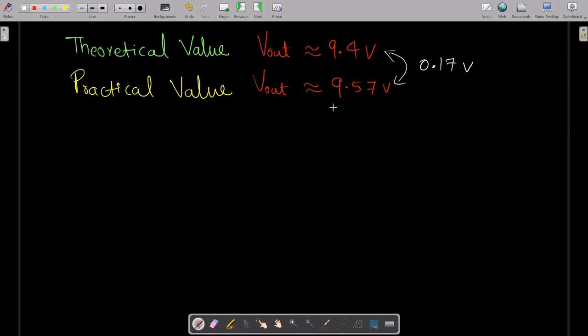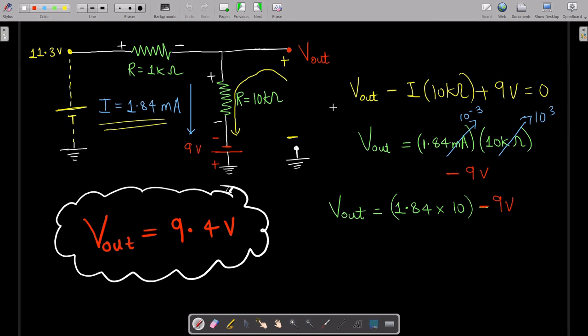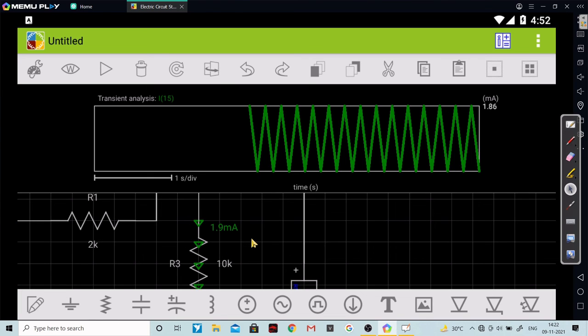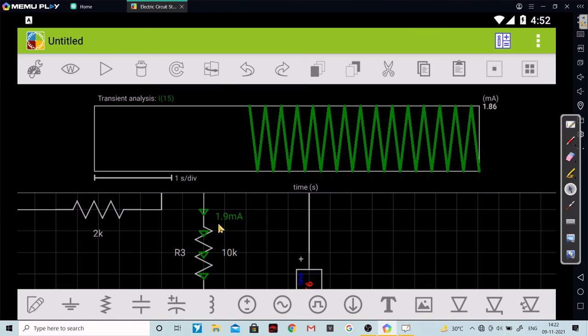And we'll check what kind of value we got for current over here. We got the value of current as 1.84 milliampere, and here we are getting 1.9 milliampere. As you can see, the current flowing through the 10k resistor is 1.9 milliampere.